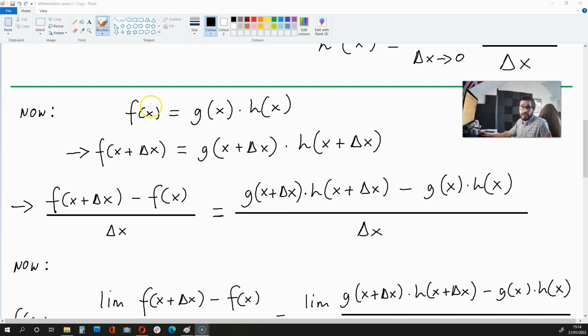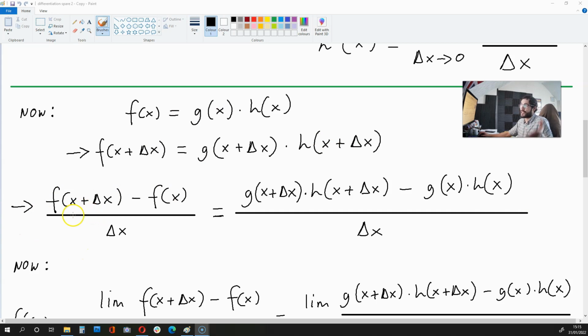Over here we have f(x), which is g(x) times h(x). And this means that f(x plus change in x) is going to be g(x plus change in x) times h(x plus change in x). Okay, and if this is true over here, then we can write this underneath, okay?